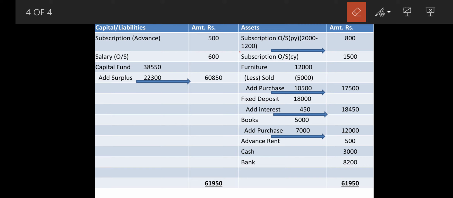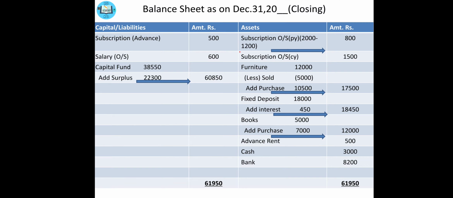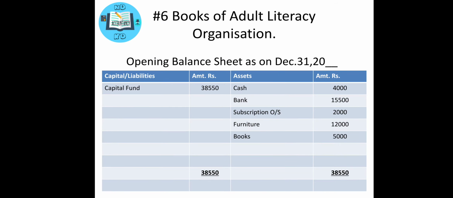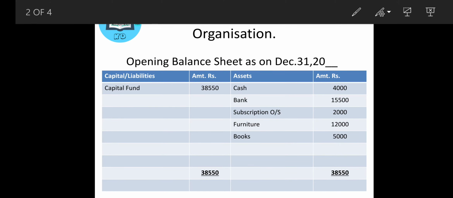Now I am switching towards the total. How to do the total? So the very first thing, keep your pen aside. Just focus on this. Have a look at this opening balance sheet. In this opening balance sheet, which side is greater?